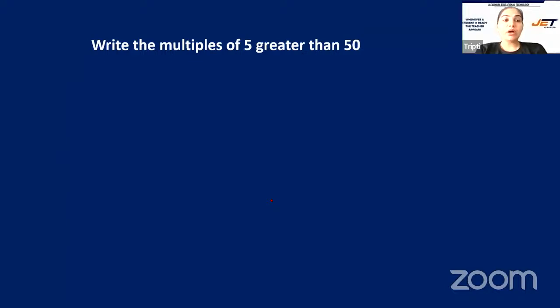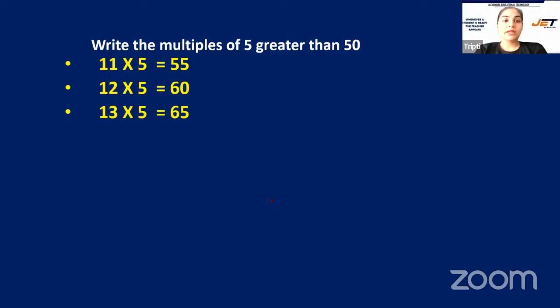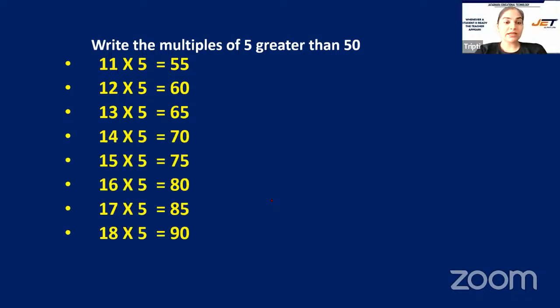We have to now see what are the multiples of 5 that are greater than 50. 11 times 5 is 55, 12 times 5 is 60, 13 times 5 is 65, then 70, 75, 80, 85, 90, 95, and 100. 20 times 5 is 100.